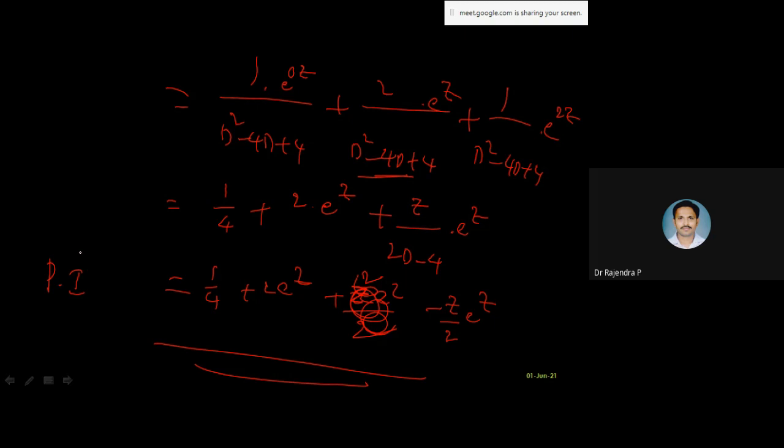Any difficulty? Is it clear to everyone? It's e power 2z, so e power 2z, this is. Then that time I think it is coming 0, right? Sir, z square we should do. Yeah, z square we should do.